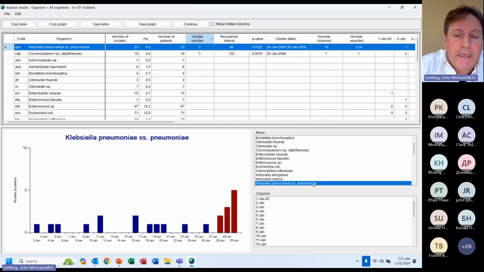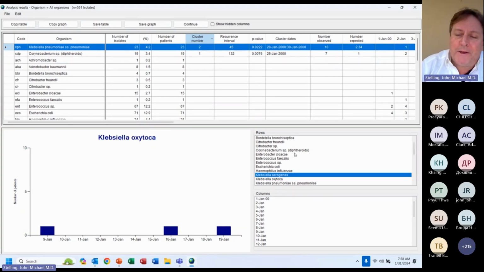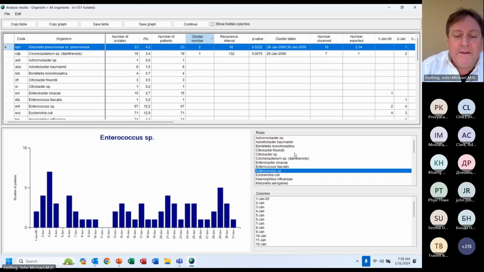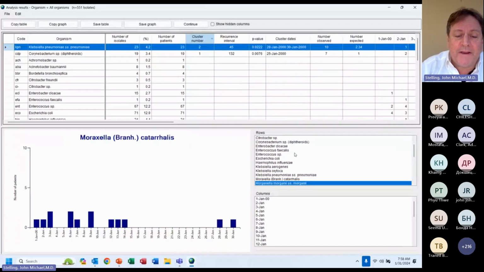By the way, these are real data. I did change the dates, I did change the patient identifiers, I did change the rooms, but the microbiology results, these are real data. So I am concerned about 2 possible clusters. That's very important. Also important is all of these other organisms look fine, look fine, look fine, look fine.